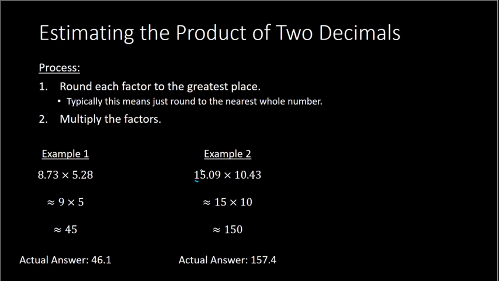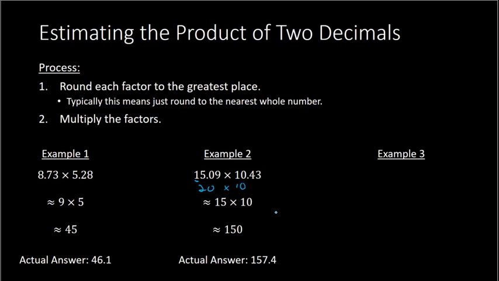Because if you round the 15 up to a 20 to the nearest 10, you'd have 20 times, and then this would round to a 10, which would be 200. And that's much further off than our estimated answer of 150. So it's best if you can round to the nearest whole number, but there's times when you may find it simpler to round to the greatest place. So instead of rounding to the whole number, round to the nearest 10 or 100 or 1,000 or whatever.